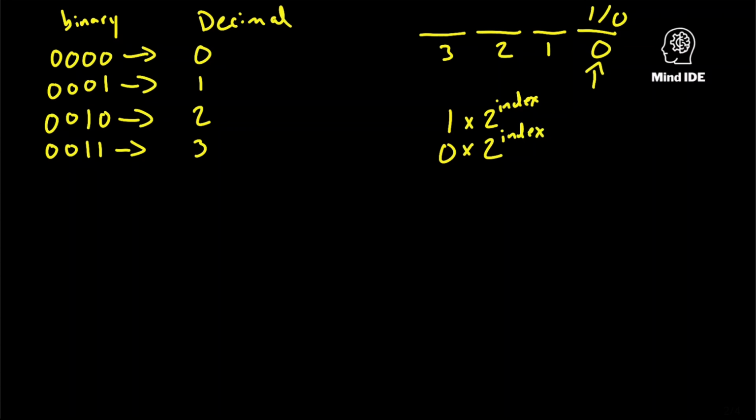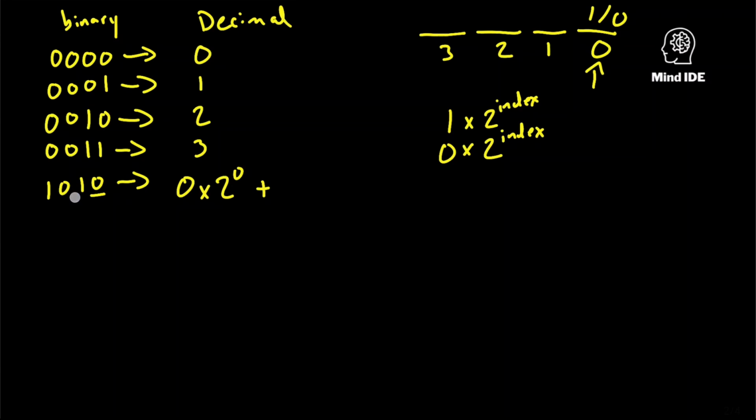So if your index point is 0, so let's go ahead and just do one here. 1 0 1 0. So at index point 0, we've got 0 times 2 to the 0.